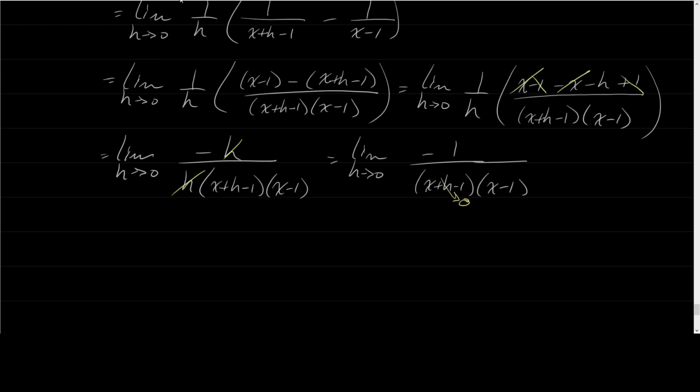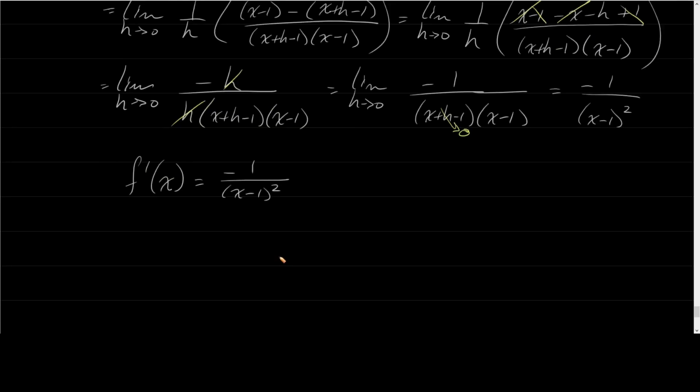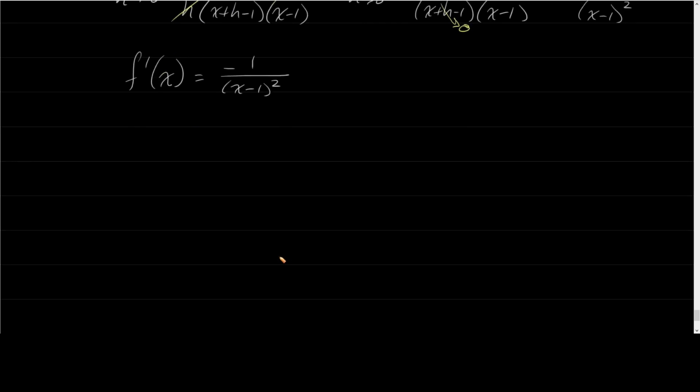So if I evaluate this limit now, I end up with negative 1 over x minus 1 squared, right? This first parenthesis is just x minus 1, and x minus 1 times x minus 1 is x minus 1 squared. So what I found out here is that f prime of x is negative 1 over x minus 1 squared. All right, let's do a similar problem.